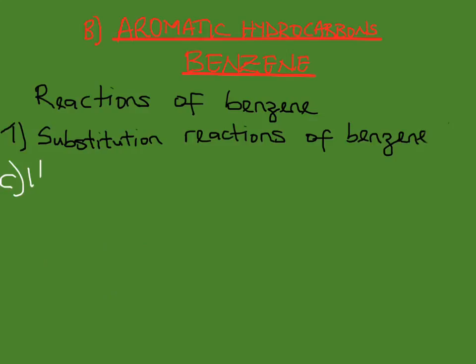Halogenation. Benzene reacts with halogens in the absence of sunlight to avoid free radical addition. The reaction takes place in the presence of a halogen carrier as a catalyst and heat.